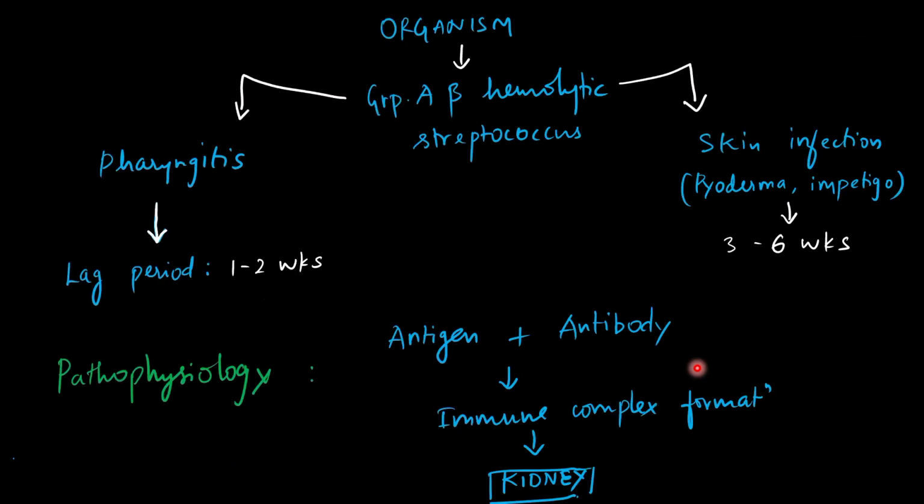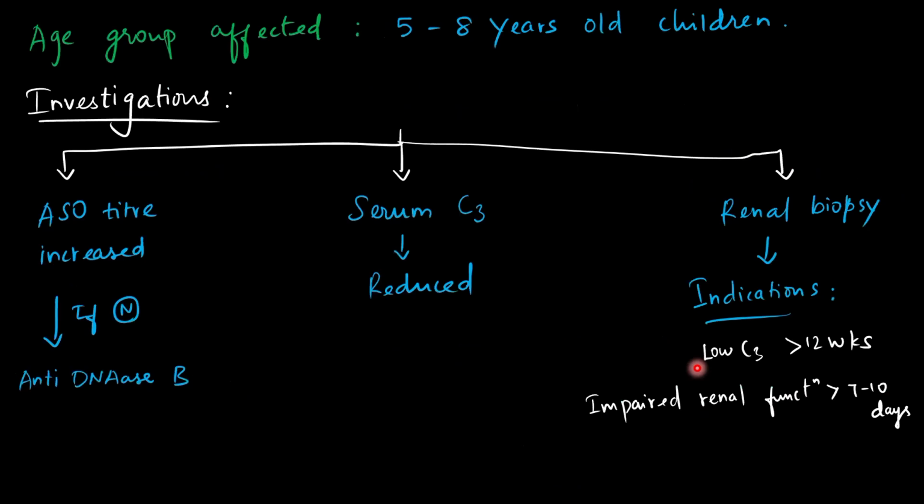And then you know the story of PSGN: the streptococcal infection occurs, and after some weeks the immune complex, due to the combination of antigen and antibody, will deposit in the kidney and impair the renal function. That will present as glomerulonephritis. And since it occurs after the streptococcal infection, it is called post-streptococcal glomerulonephritis.